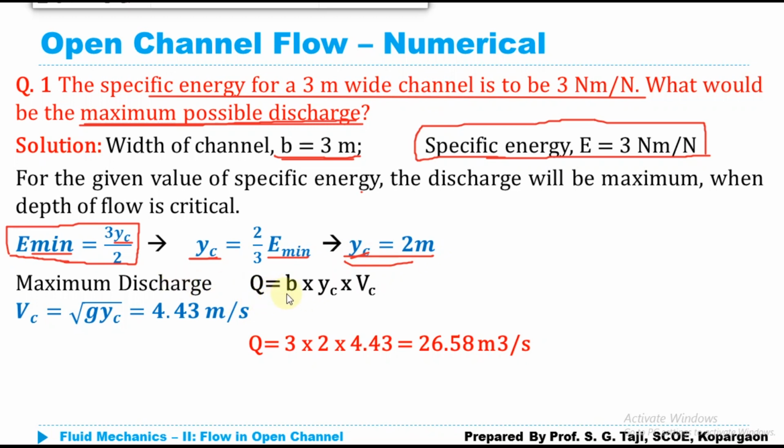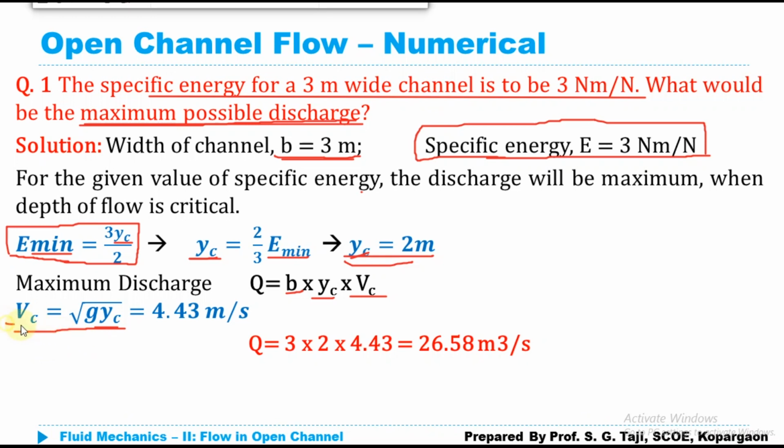Now maximum discharge will be given by B multiplied by YC multiplied by VC, where VC is the velocity at the critical section or at the critical depth. It can be computed as under root of G multiplied by YC, because this has been derived from the Froude number equation. Fr is equal to V upon under root of G YC at critical depth, and the value of Froude number is equal to 1.